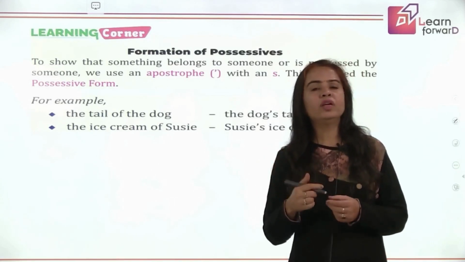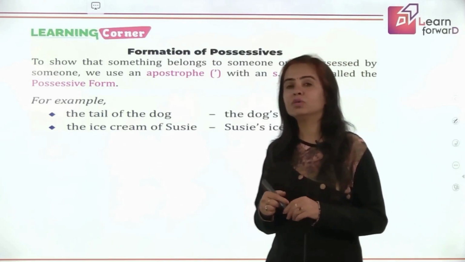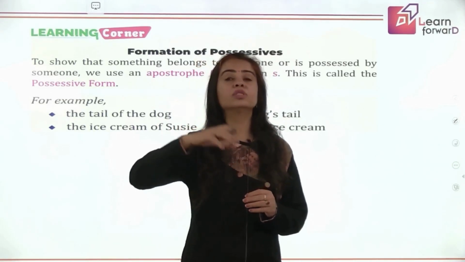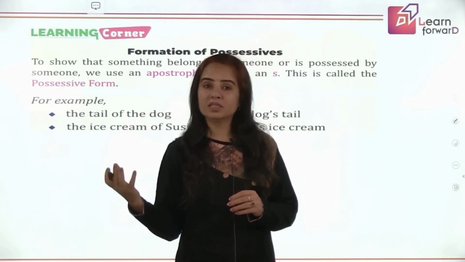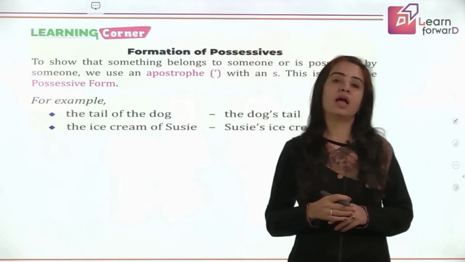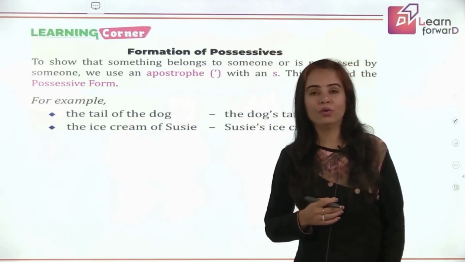So how do we talk about possessive nouns? When we have to tell that something belongs to some noun, some person, then we use the possessive form of nouns and we must know how to write them.